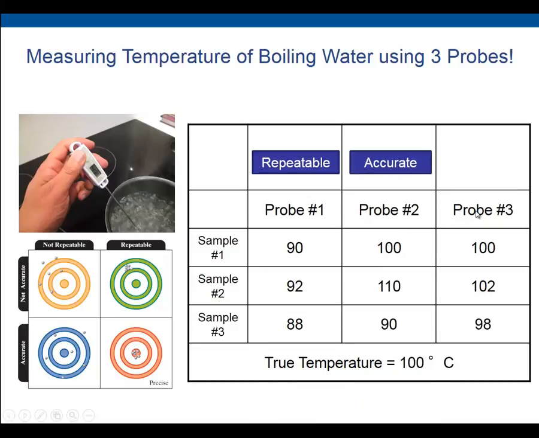Repeatable, accurate. For probe 3, the average of the 3 measurements is very close to 100, so it means accurate. And also, if you look, the individual values are very close to each other, so it means repeatable. Accurate and repeatable.